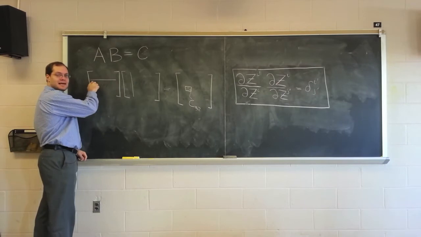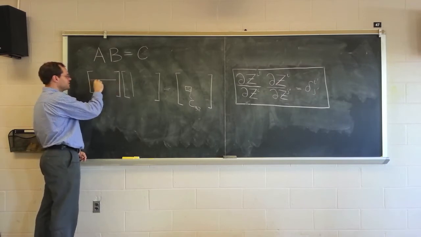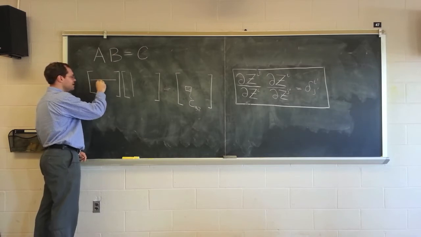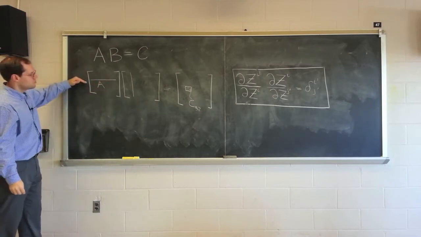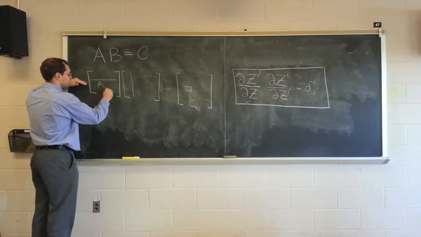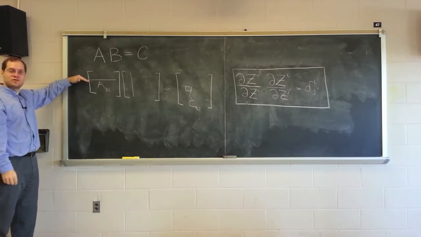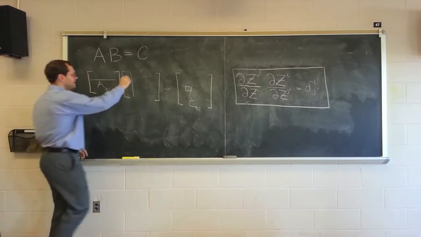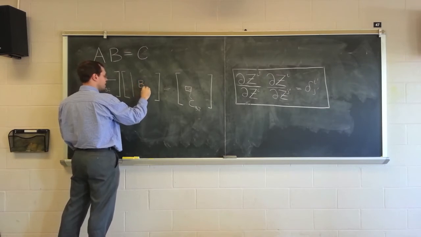So let's capture the elements here with indices. I claim that this is A3I. Is that right? They're all in the third row, A3I. And these all are BI2.